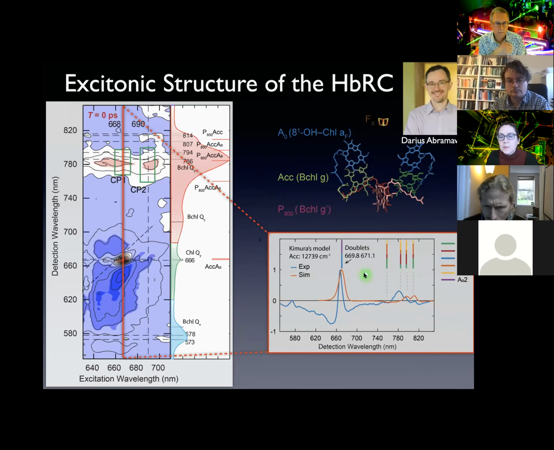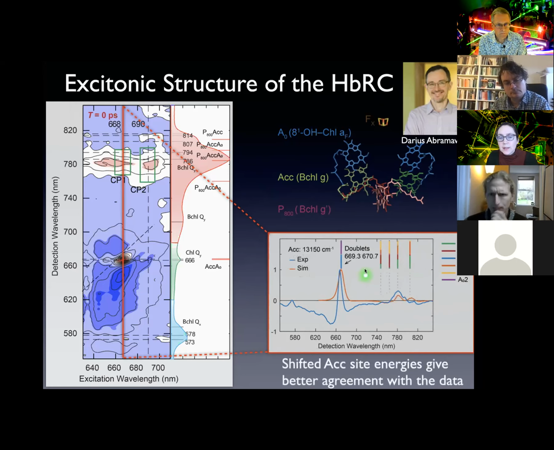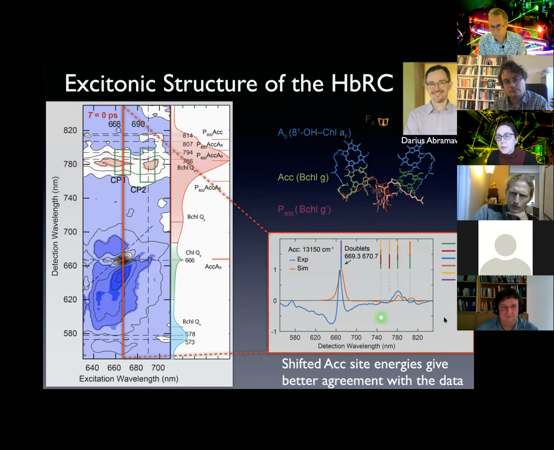Okay, so we refined the model slightly. We found that if we shifted the accessory bacterial chlorophyll site energy by a relatively small amount, we could get considerably better agreement with these slice spectra. And this work is ongoing with Darius's group.